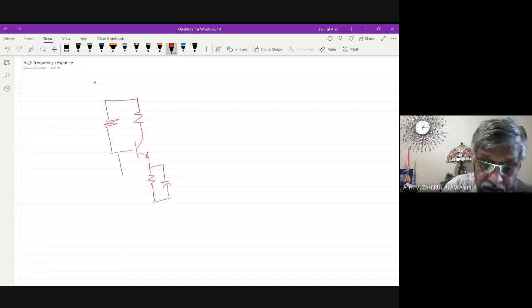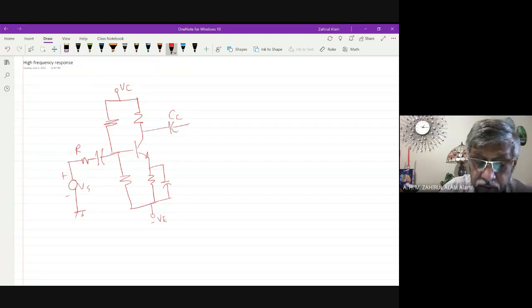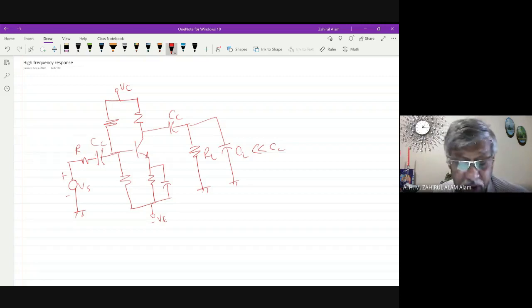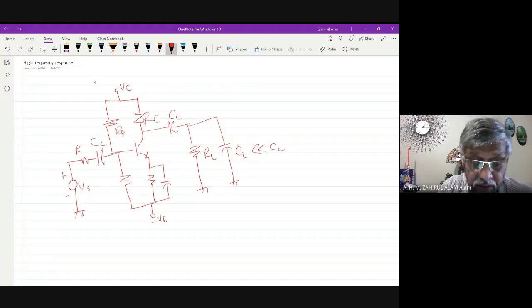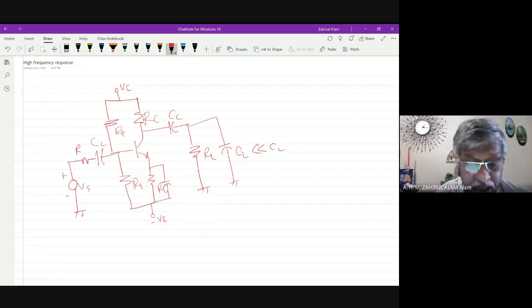I draw this common emitter amplifier, with emitter resistance bypass capacitor.